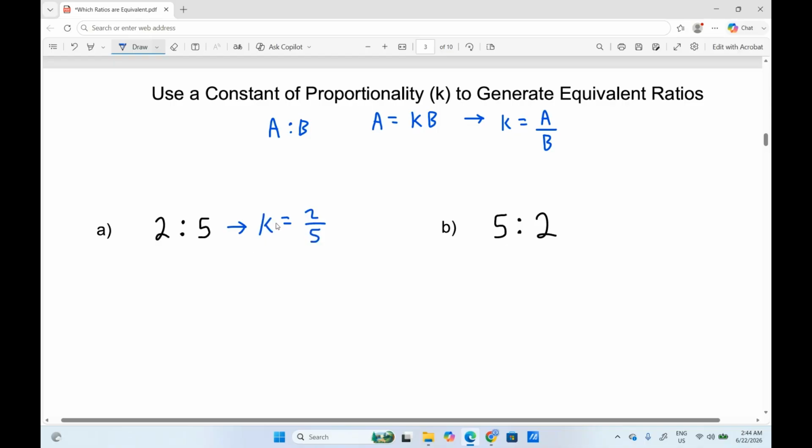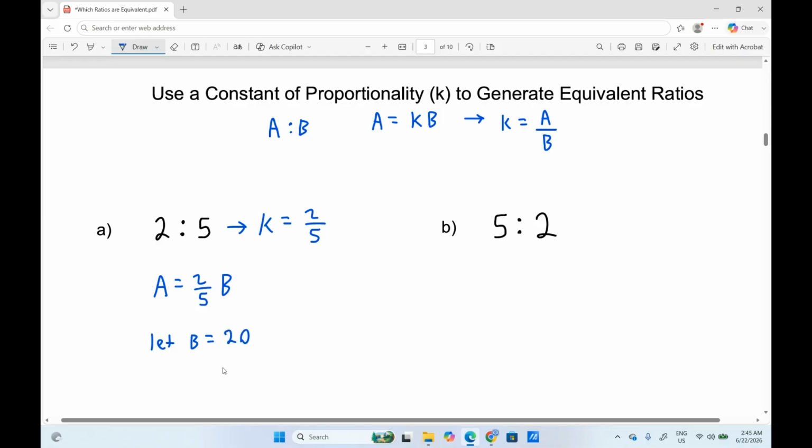Okay, great. So now that I have the k value, here's what I can actually do. When I have this equation, I know what k is, but I don't know what a and b are. So let's say I have a equals 2 over 5 times b. Essentially, I'm going to let b be any value. In this case, let b be equal to 20.